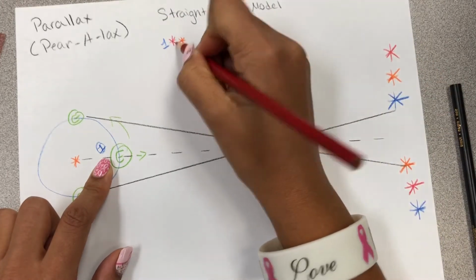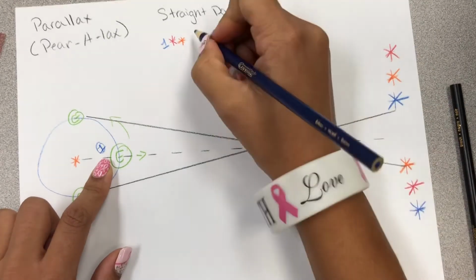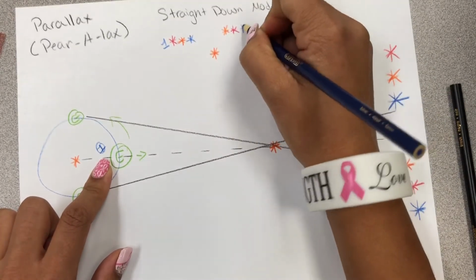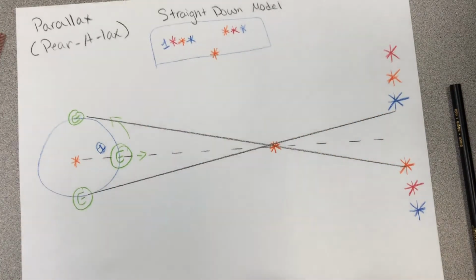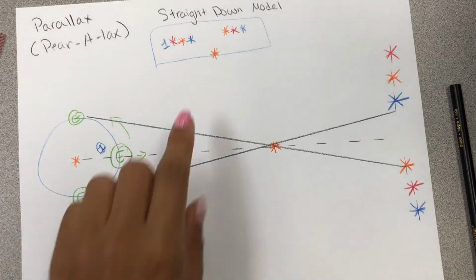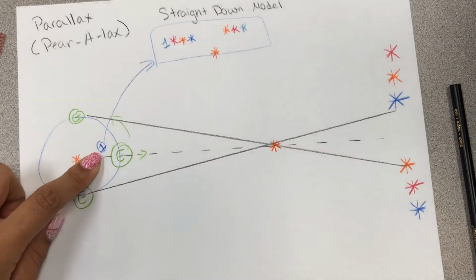Then I would see a red star, and 2 blue ones. This would be our first perspective if we were looking at this from this angle here.